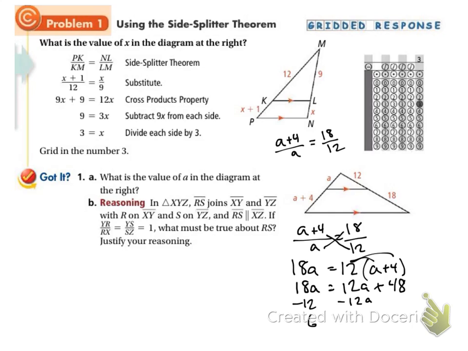So we get that 6A is equal to 48. And then divide both sides by 6. Oops, and we get that A is equal to 8. It's supposed to say A. So A equals 8.